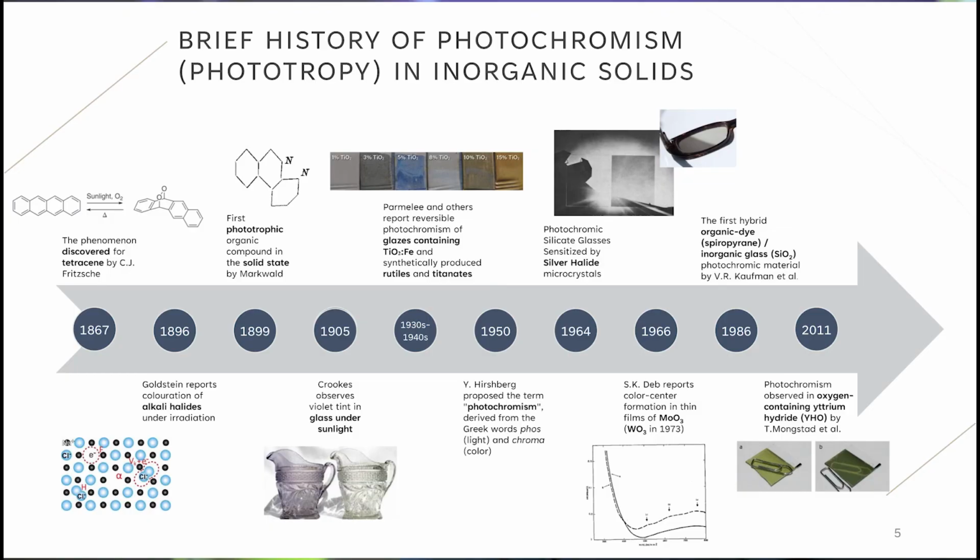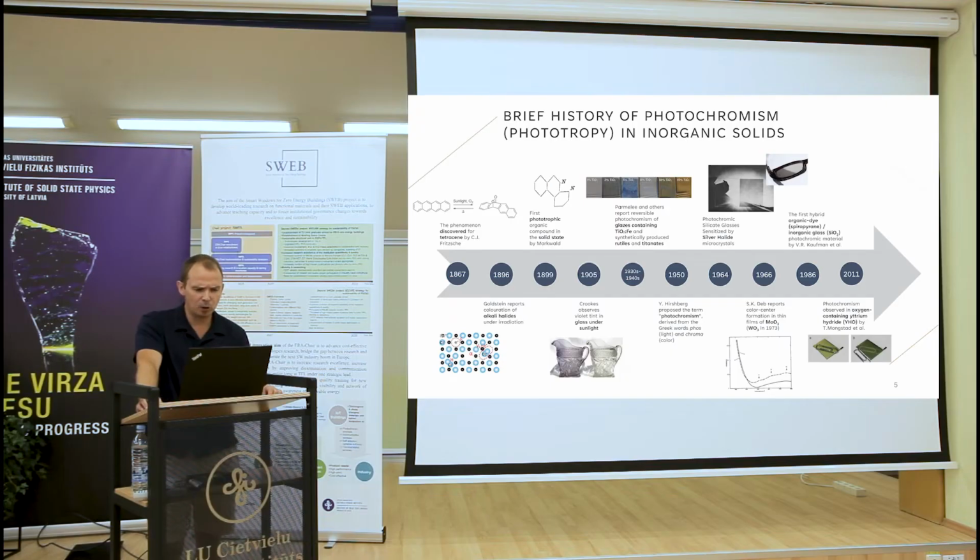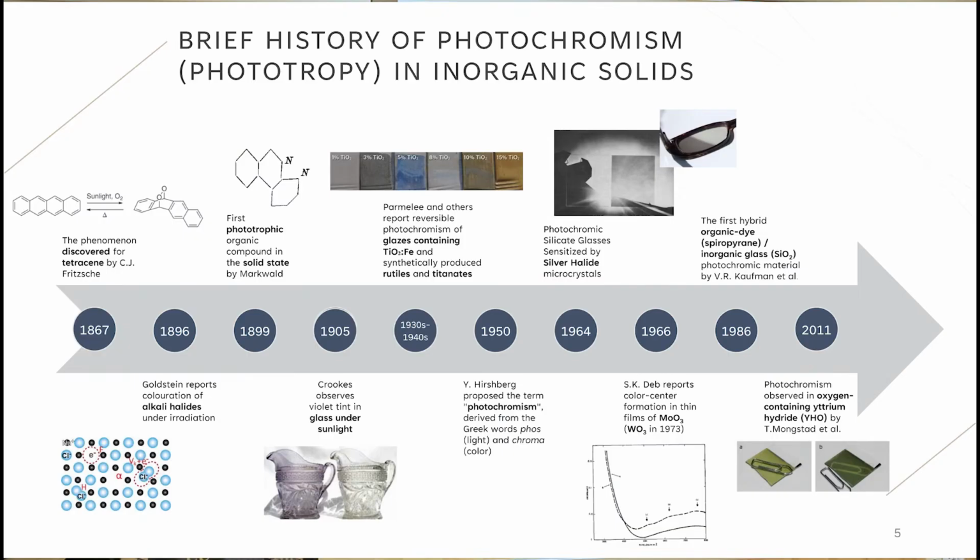inorganic solids. Then the first solid but still organic material was reported in 1899, and then Crookes observed a violet tint in glass under sunlight in 1950, and the first synthetically produced photochromic inorganic solid materials were studied and produced in the 1930s and 1940s.